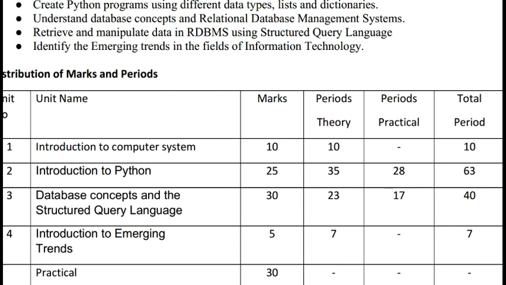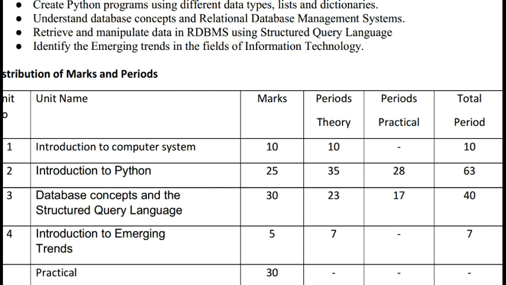Second, Introduction to Python, is 25 marks with 35 theory lectures and 28 practicals, so a total of 63.